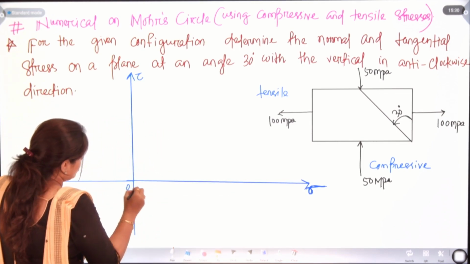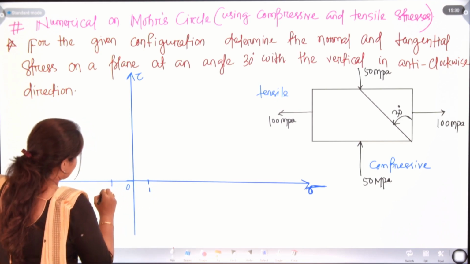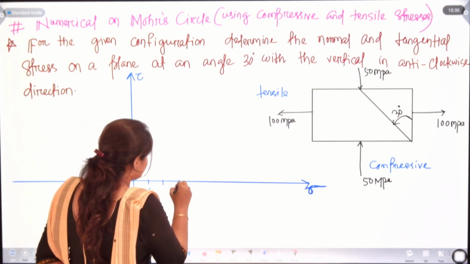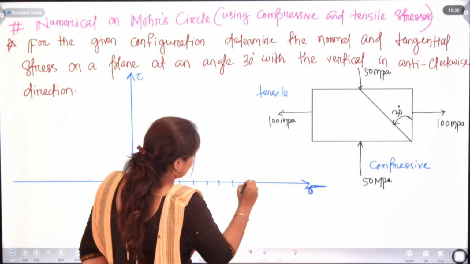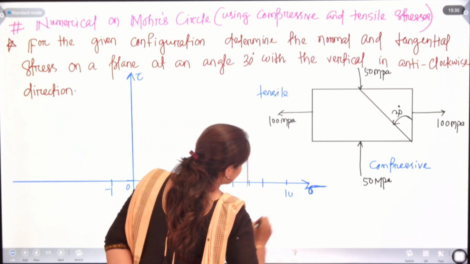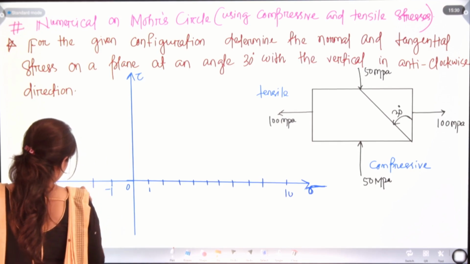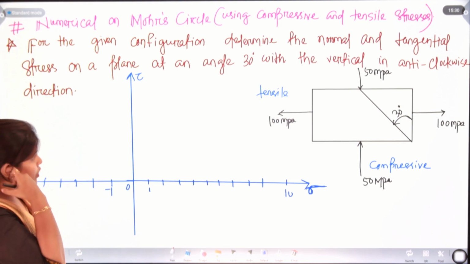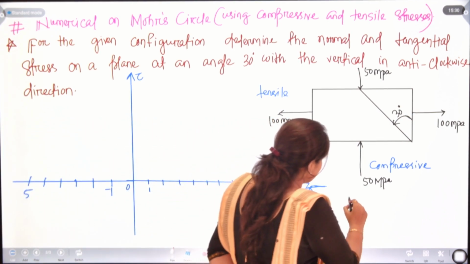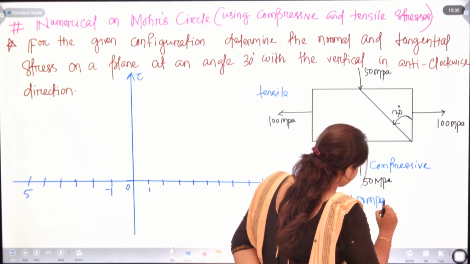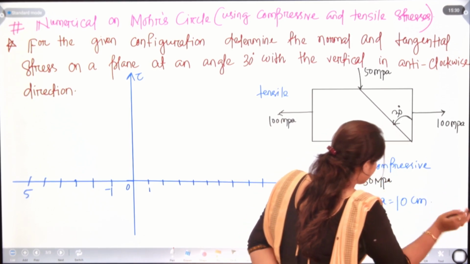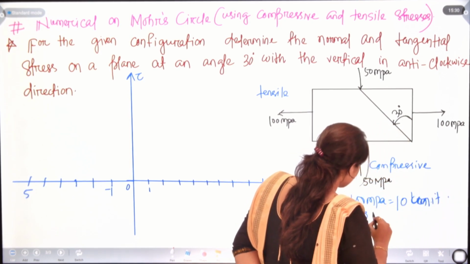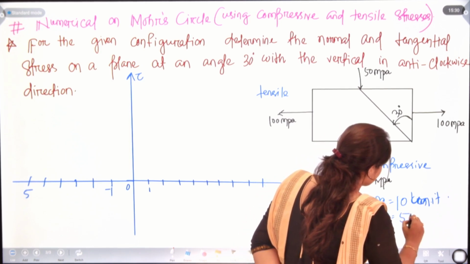Here we will take 0, this is our plus 1, and here we will have minus 1. Likewise, 1, 2, 3, 4, 5, 6, 7, 8, 9, 10 up to 10, and here up to 5. Let us take this 100 megapascal as 10 centimeter or 10 mm, or 10 units you can write, and 50 megapascal as 5 units.